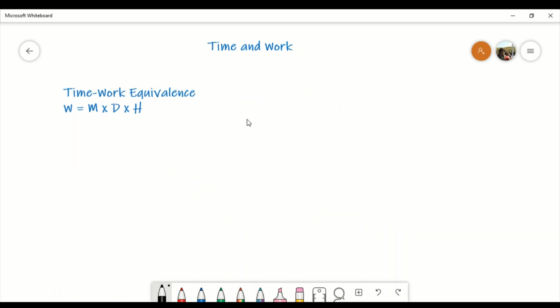Before going any further with this topic, there is a very important concept that we first need to understand. There is a thing called time work equivalence, which is defined by the formula W = M × D × H, where W is the total work done, M is the total number of men or women, or persons, working on the job, D is the number of days they take to complete that job, and H is the number of hours they work per day to complete that job.